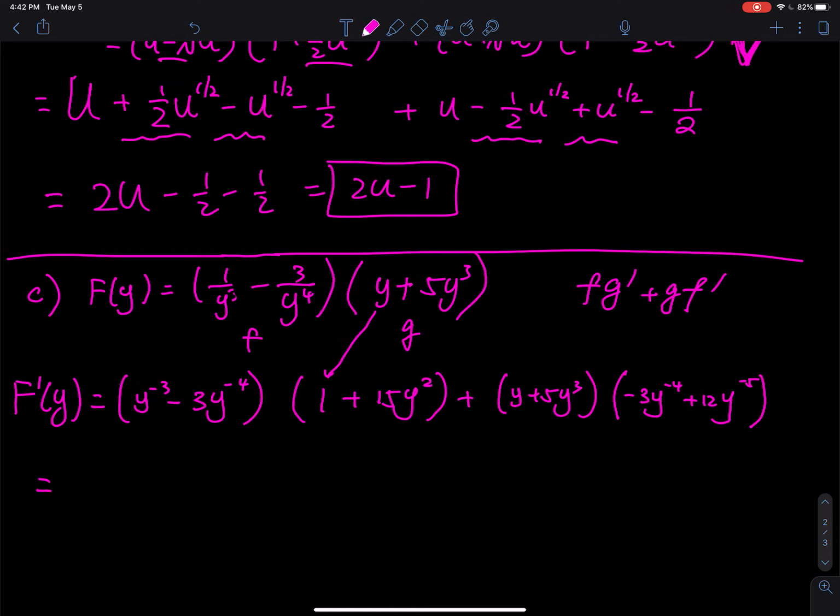Let's do it anyway. So we expand that. So that will be y to the negative 3. And then plus 15, negative 3 plus 2. That is a negative 1.